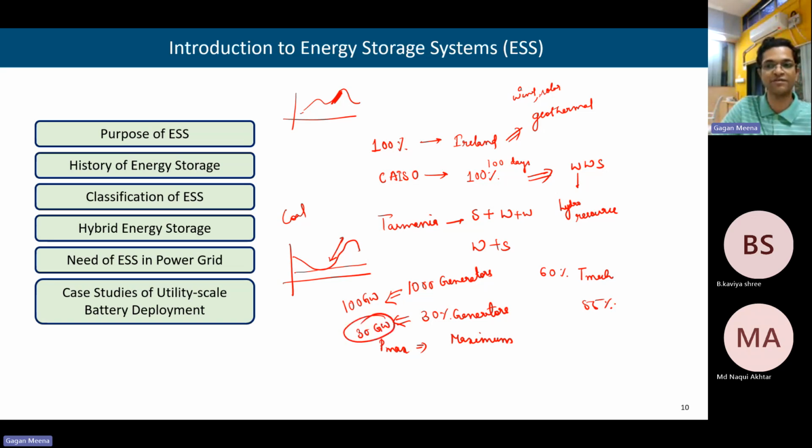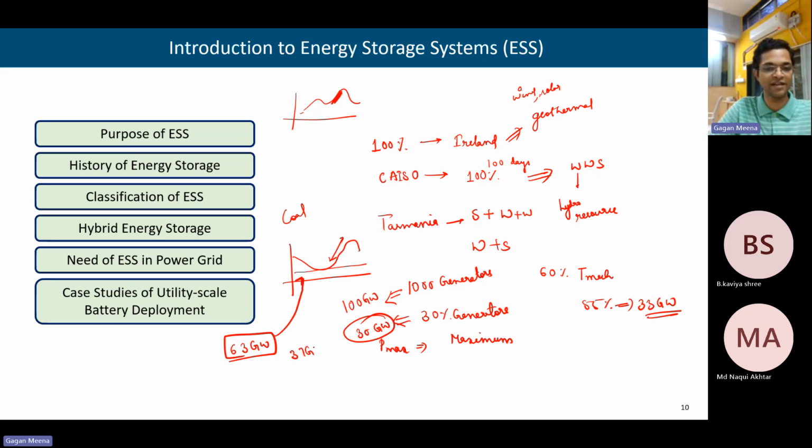Let's assume 60% is remaining, and 55% of the remaining 60 is like another 33 gigawatt. The total, coal is operating at 63 gigawatt to supply this base load.